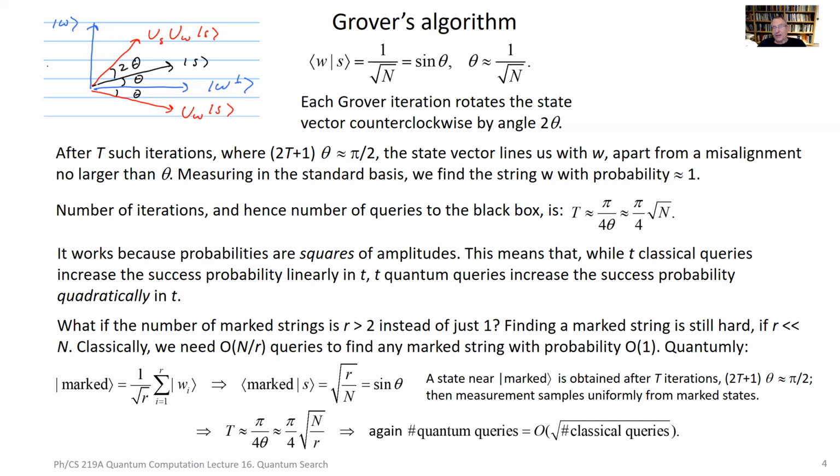So far I've discussed the case in which there's just one special solution, one marked string. Of course, it's possible there's more than one. If I'm trying to solve a problem in NP, there may be more than one solution; there may be more than one string that the verifier will accept.